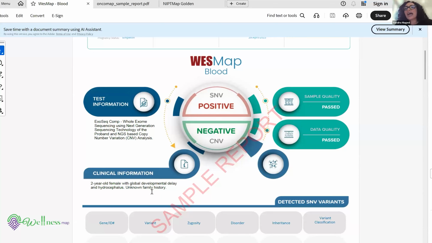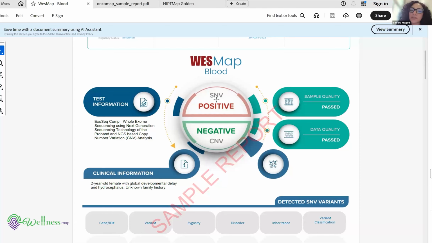Then it says that it has no family history, or there is unknown family history, meaning that both of the parents didn't have any issue growing up, or there isn't anyone in their family that has the same condition. And this, of course, gives a full picture for the physician when they are reading this report, to understand the history and where they are coming from, so they can put the right plan to treat that patient.